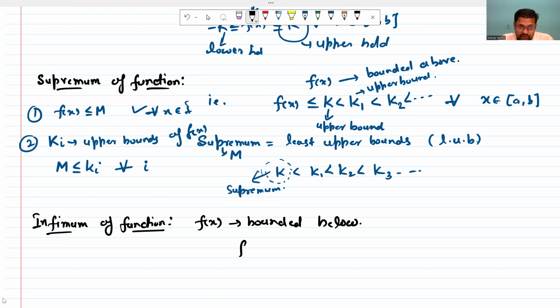Okay, so bounded below means f(x) is greater or equal to some small k for all x in I, which means here a comma b.